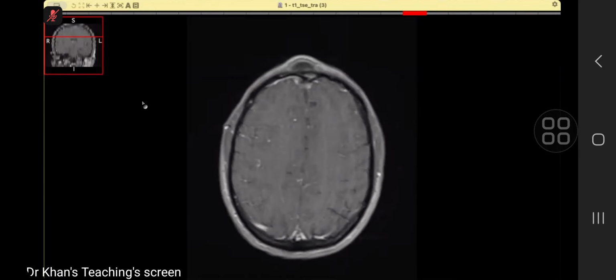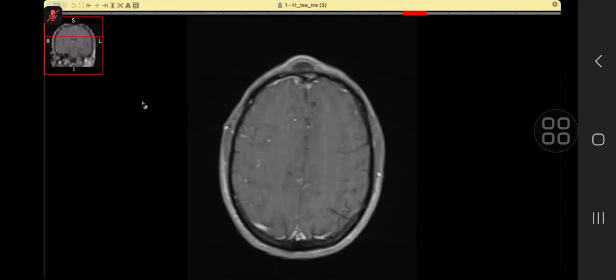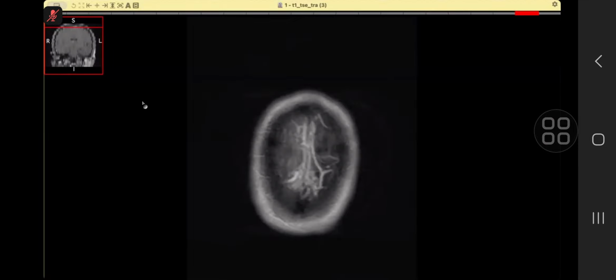I think this might be an abscess. My diagnosis is abscess due to frontal sinusitis, and I think there is also meningeal enhancement under the frontal sinus.